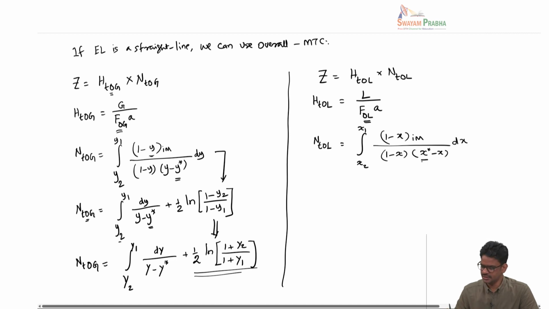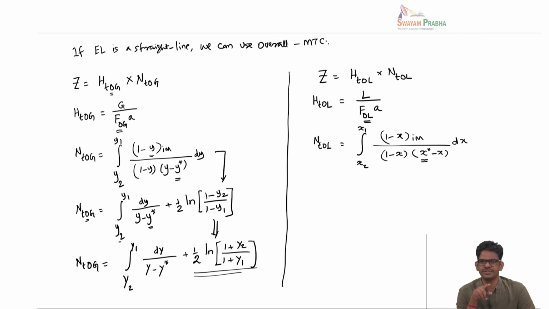Again I am changing the driving force as x star minus x. In the local coefficients it was xi minus x. So now we are using overall coefficient, so it's x star minus x.